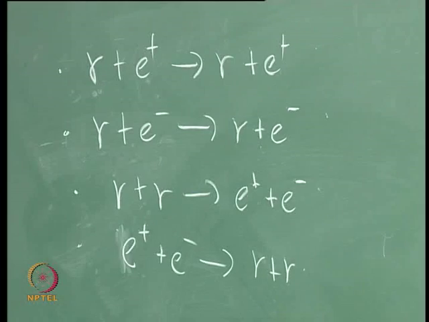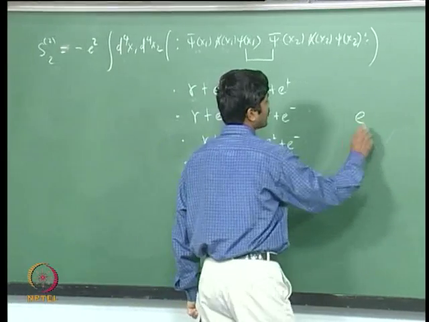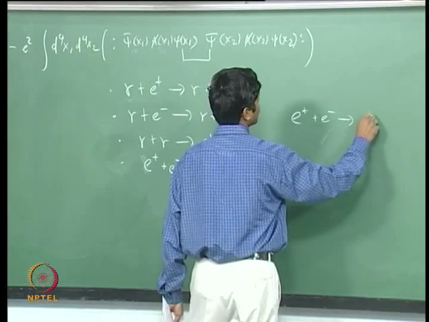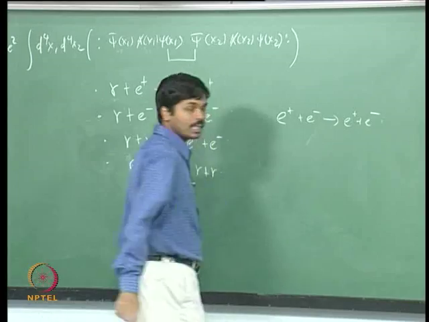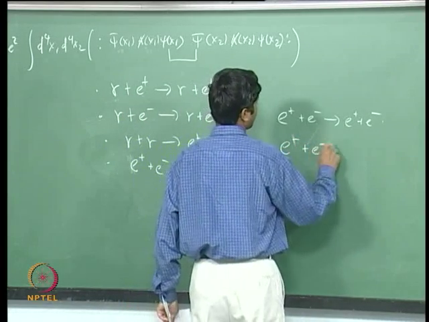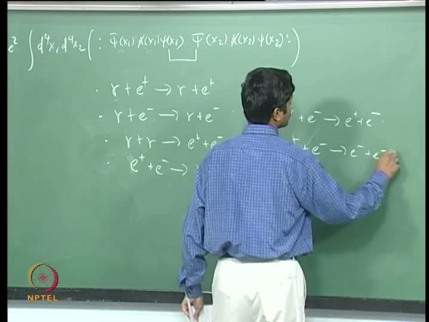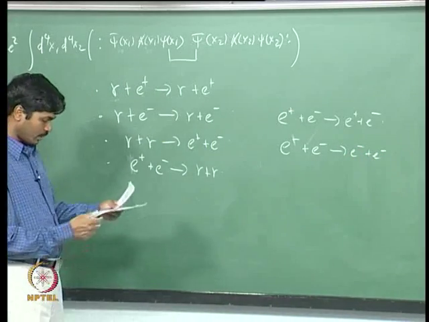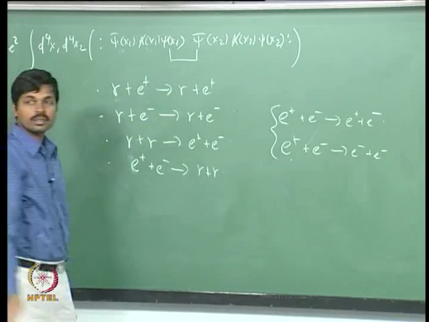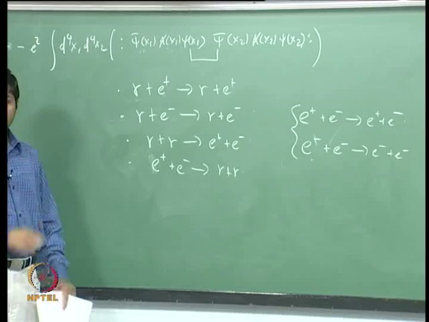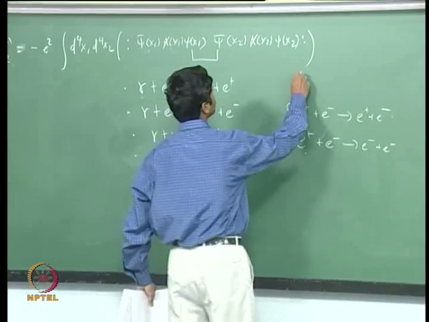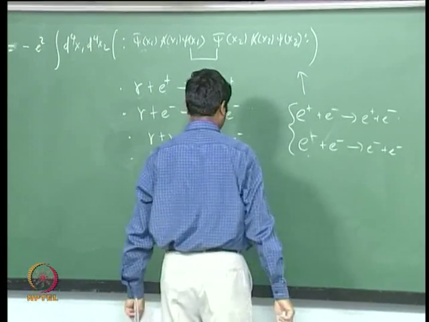What we were struggling to see is whether E plus plus E minus going to E plus plus E minus, something like that, or whether E minus plus E minus going to E minus plus E minus. You can convince yourself that processes like this will not be described by this term in the S matrix.